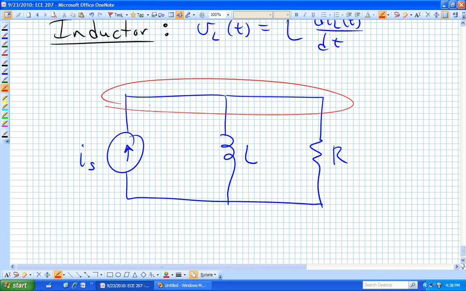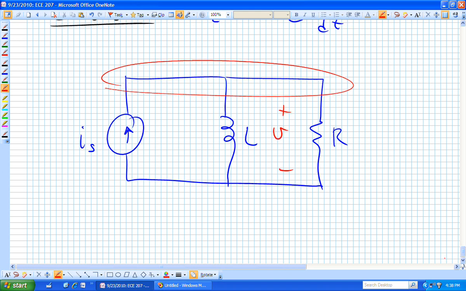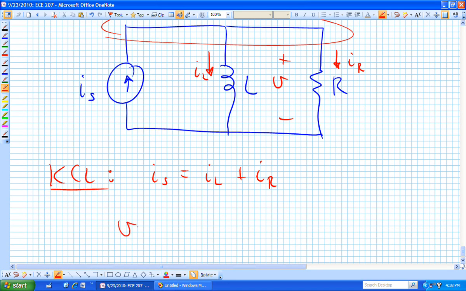We have one node, we have this voltage V, but now since inductors and capacitors are dual entities, here's I sub L, here's I sub R. KCL tells us that I sub S is equal to I sub L plus I sub R. ELI: V is equal to L di sub L dt.